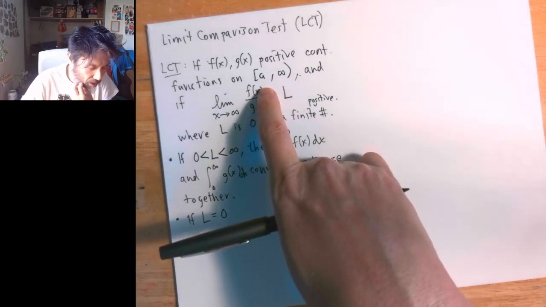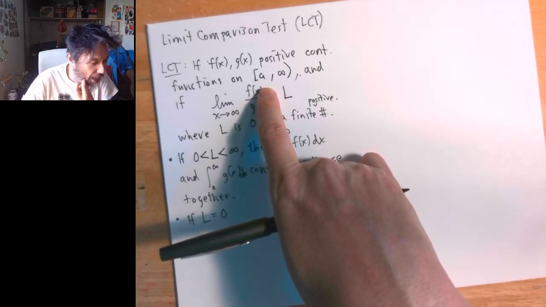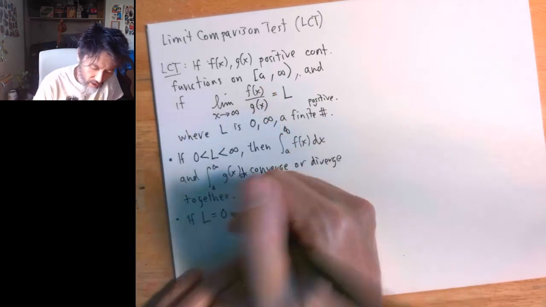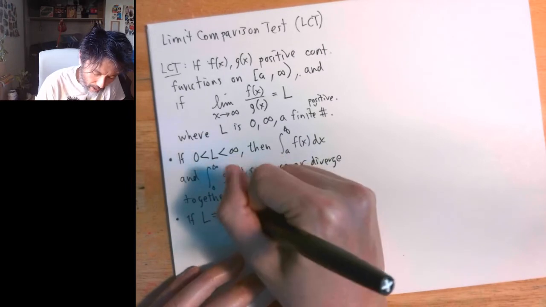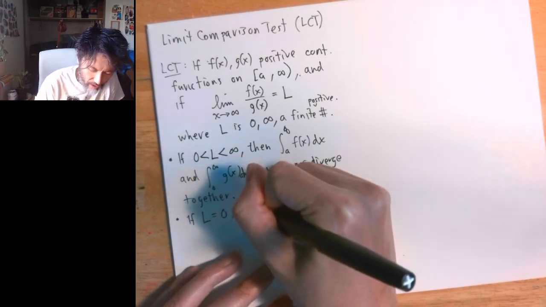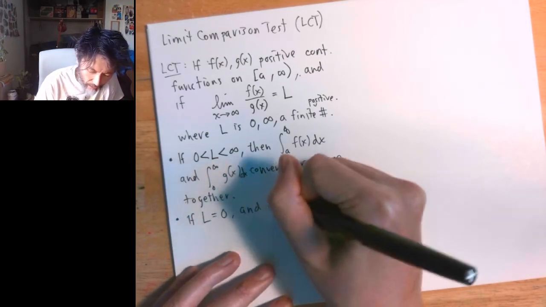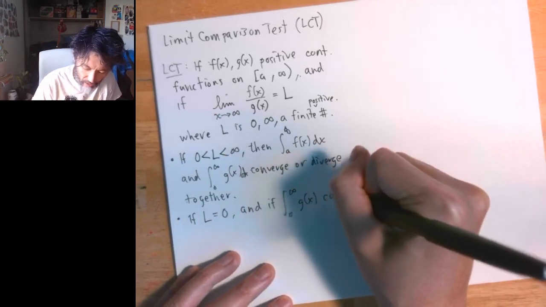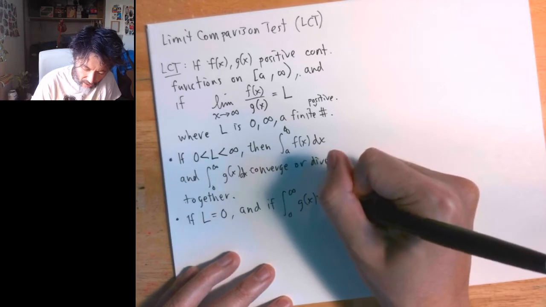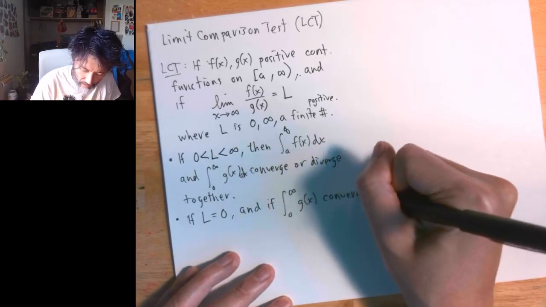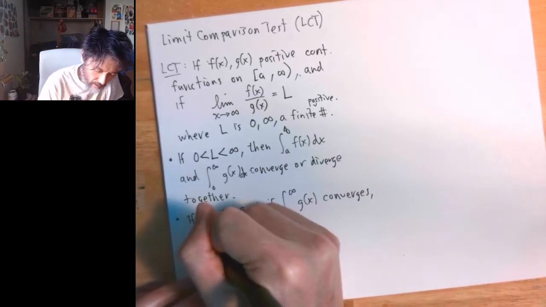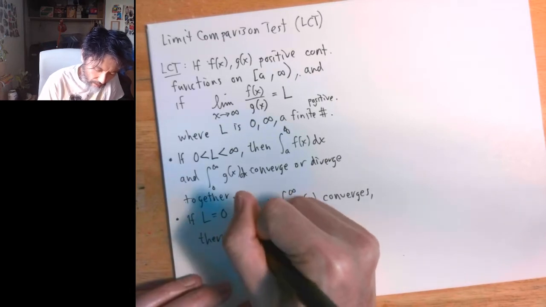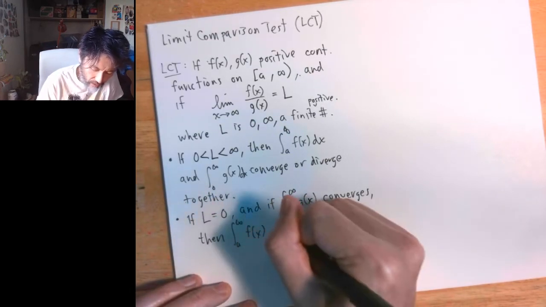the pace at which f of x is going to 0 is very fast, and it's faster than g of x. So if L is 0, then what we can deduce is, if the integral from a to infinity of g of x dx converges, then the integral from a to infinity of f of x dx converges.